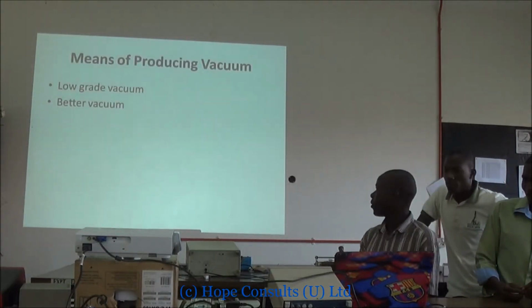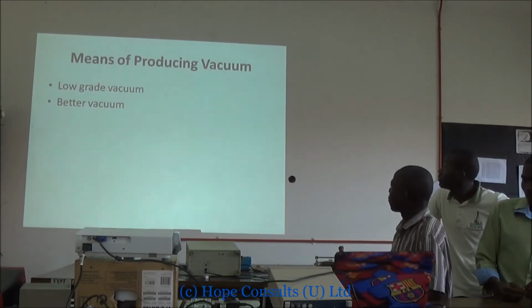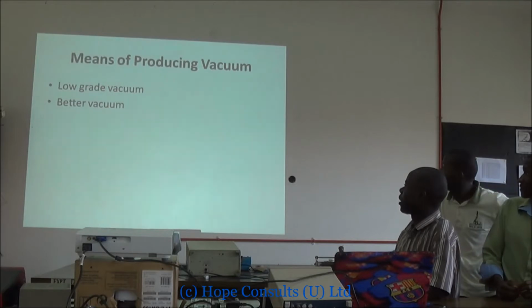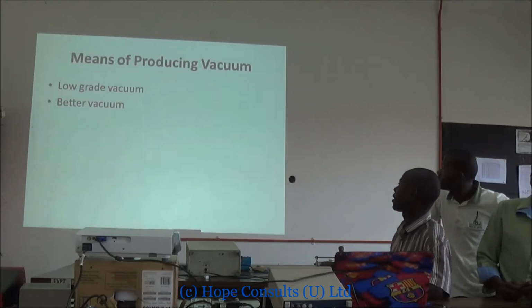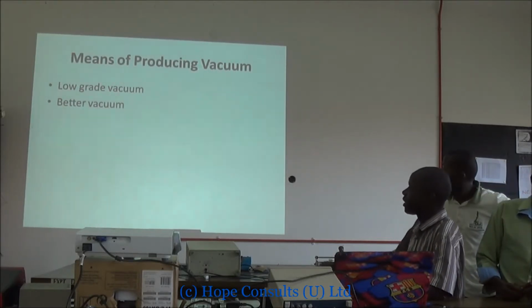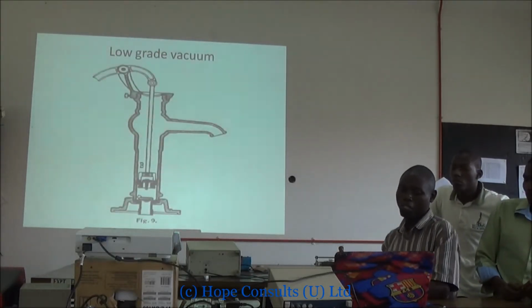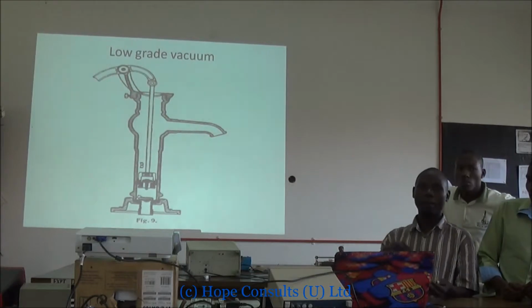So we can also talk about the means of producing the vacuum. We have two ways: you can produce a low-grade vacuum and a better vacuum. For a low-grade vacuum, we use a piston.